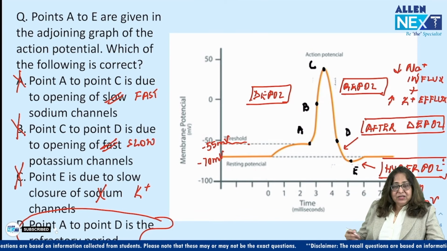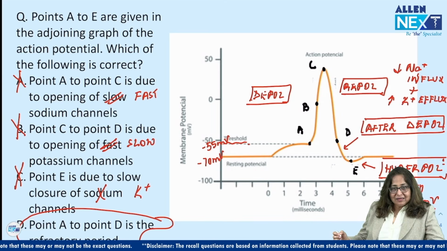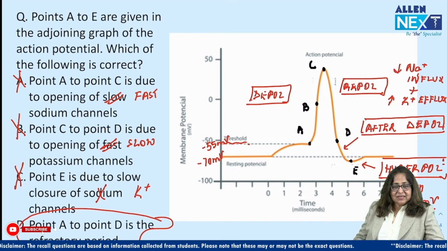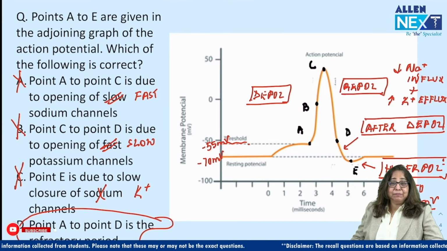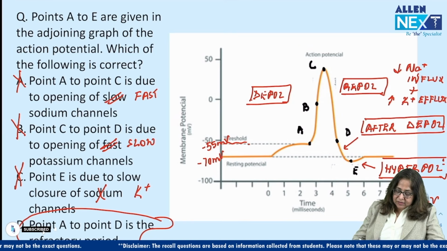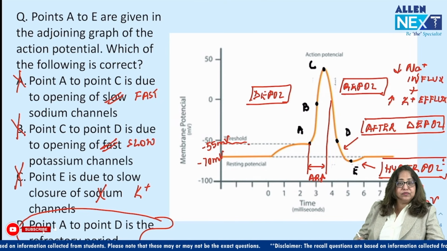Older knowledge was that the absolute refractory period includes the depolarization and the repolarization phases, and the relative refractory period includes the hyperpolarization phase. But today we know that the absolute refractory period is from the firing level till the repolarization is 1/3 complete. This is called the absolute refractory period.